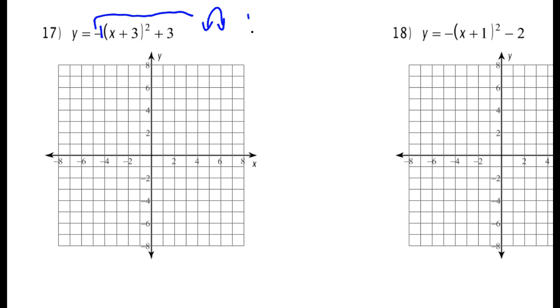What's the vertex? -3, comma 3. So x is the opposite sign. Is that your h value? H and k. H is the opposite sign. K is positive. So here we go. -3, comma 3. Right there.